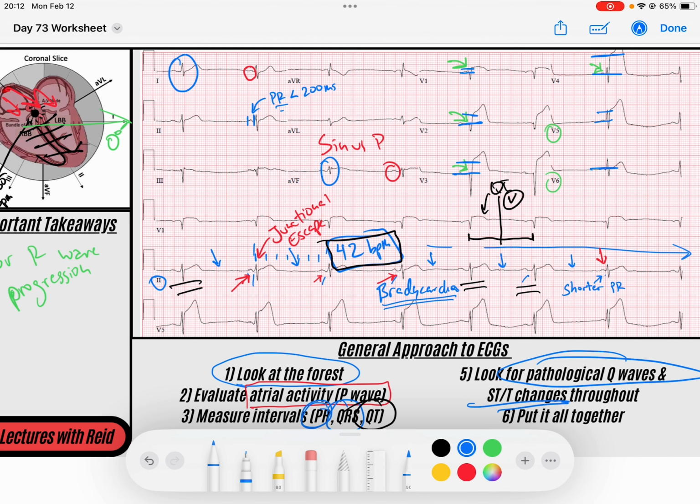You can see V6, there's really not so much ST change. Our lateral leads appear to be not significantly elevated. Same thing with our inferior leads. Maybe a hair of elevation, but not much. We see a little bit of depression here in AVL. We've got ST depression in AVL.